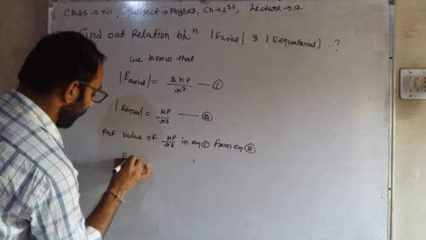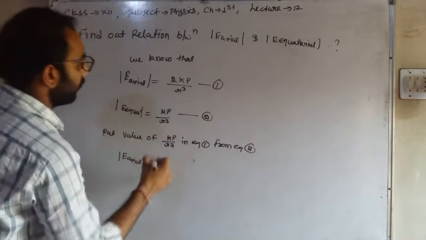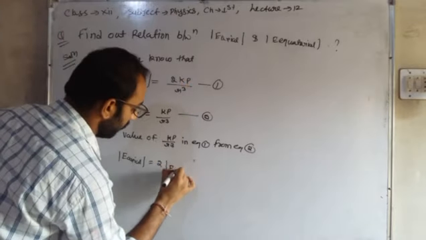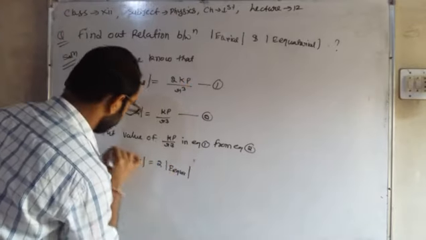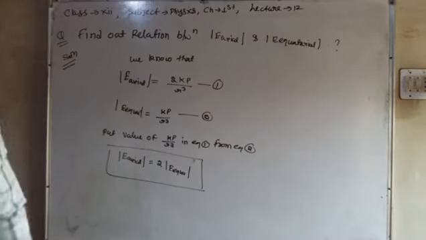Then E axial is equal to twice E equatorial. Got it? Note down.